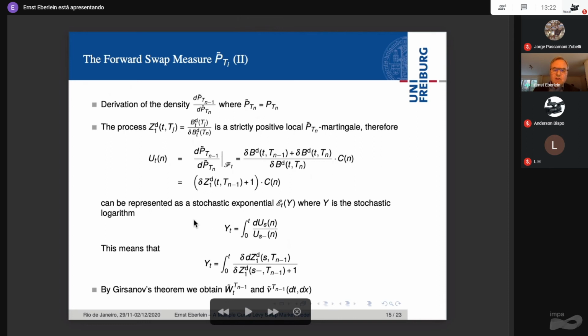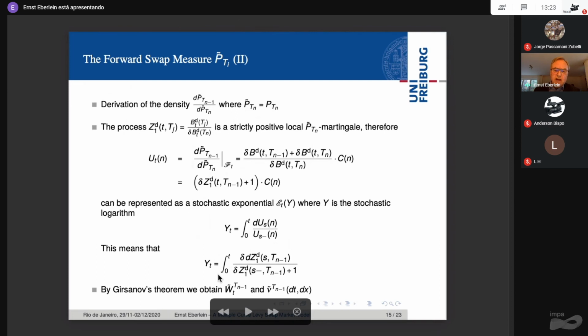And if you look at this quantity, just take the quotient here, it's nothing but this process ZD. This is a 1 here, so we can easily write the dynamics down, and we represent this density as the stochastic exponential of the stochastic logarithm. So this is the stochastic logarithm by definition. This means it can be represented according to this equation via the process ZD. That means we need the coefficients of ZD later.